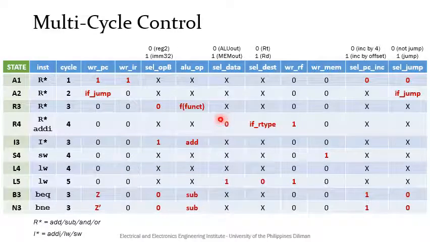Select data is 0 for R4 to select the result from the ALU, but is 1 for L5 to select the fetched data from the memory.